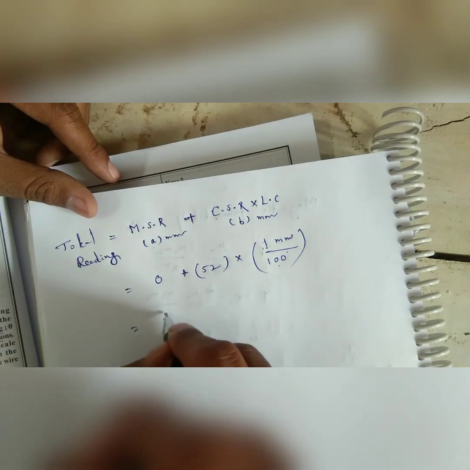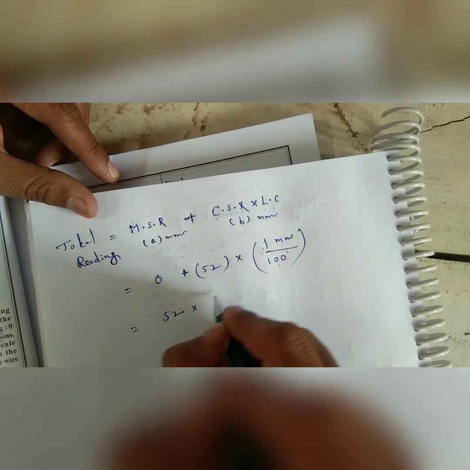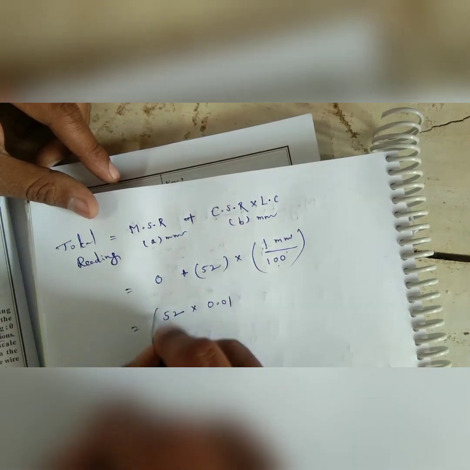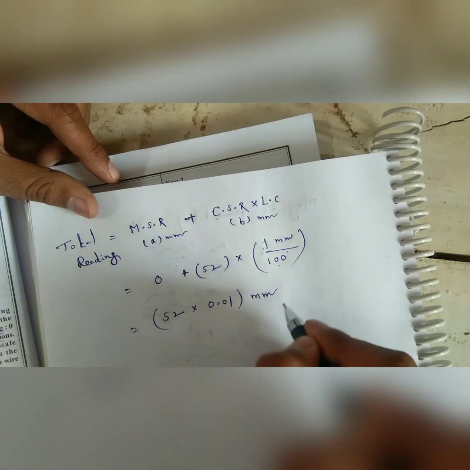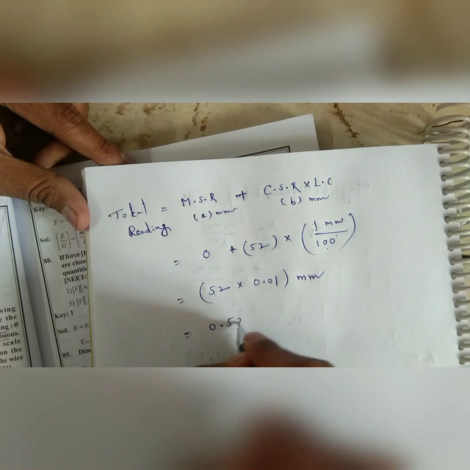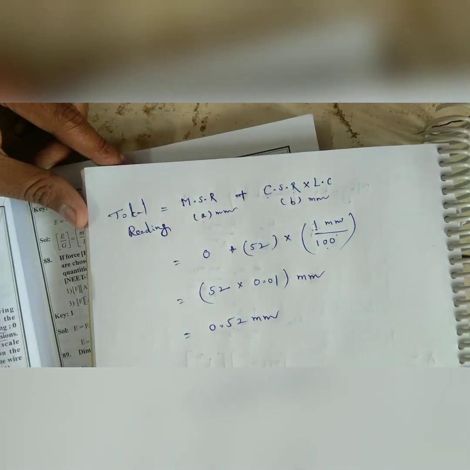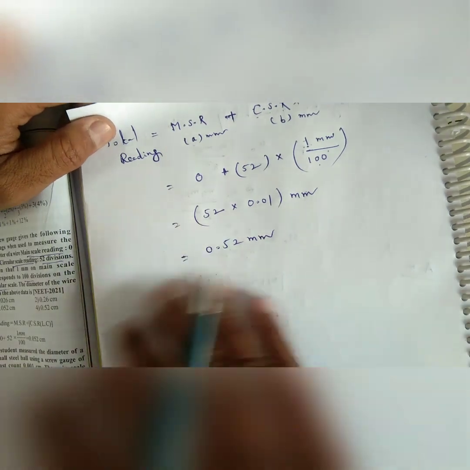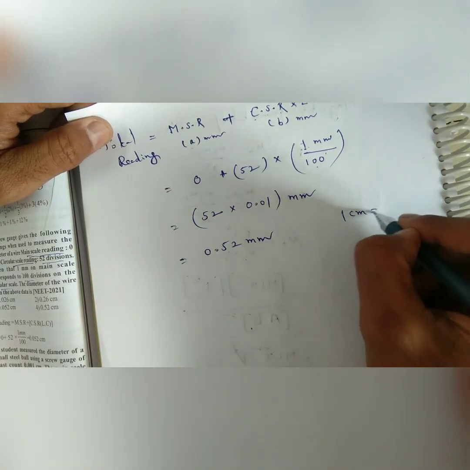That is equal to 52 into 1 by 100, nothing but 0.01 millimeters. That is equal to 0.52 millimeters.